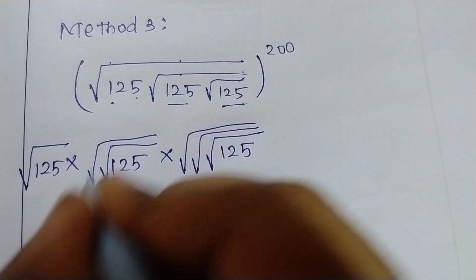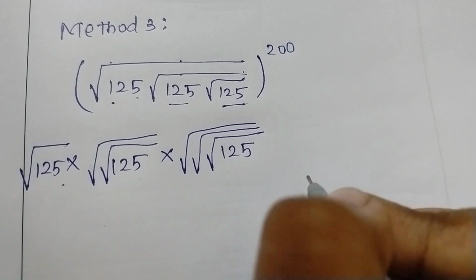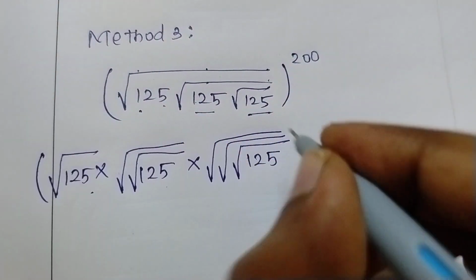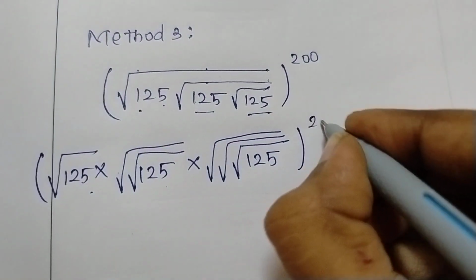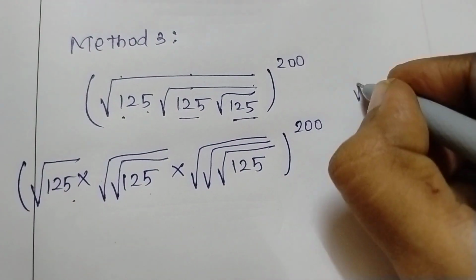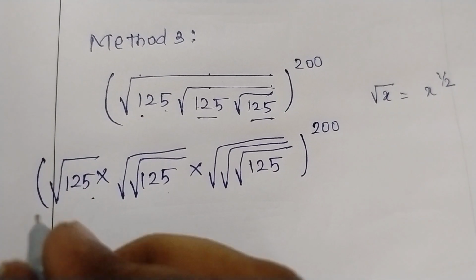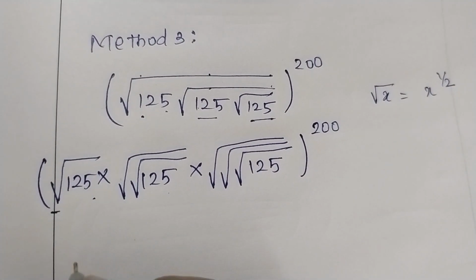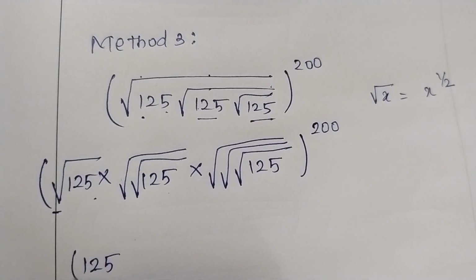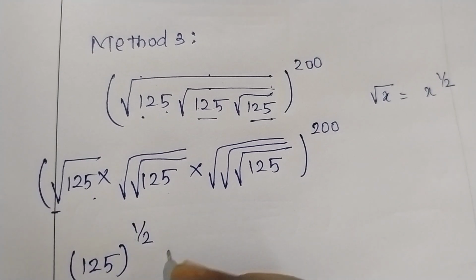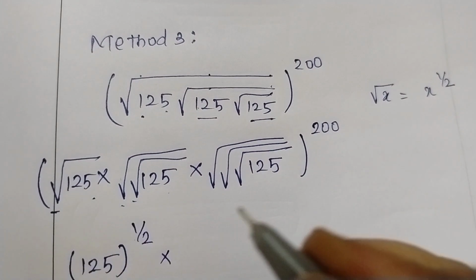So this is all in multiplication. So I am going to write this in multiplication, to the power 200. So we know that root x can also be written as x power 1 by 2. So if we see here, how many roots are there? Only one root. Therefore 125 to the power of 1 by 2 into, here how many roots are there? 2 roots.